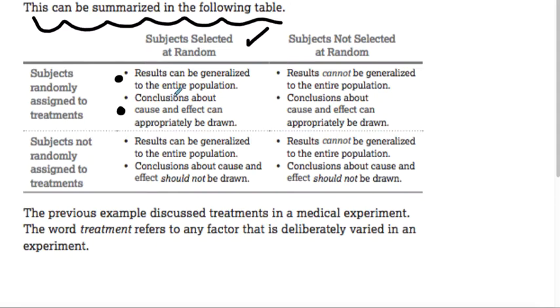Then also what could happen is they're selected at random, but they're not randomly assigned to the treatments. So you have to look for both of those conditions to be true. Otherwise, results can be generalized to the entire population, but conclusions about cause and effect should not be drawn. So you have to know this when you're doing a survey of some sort or selecting people for some type of treatment.